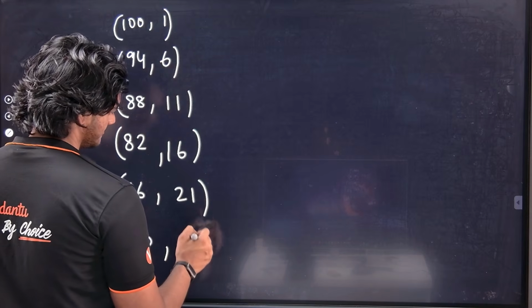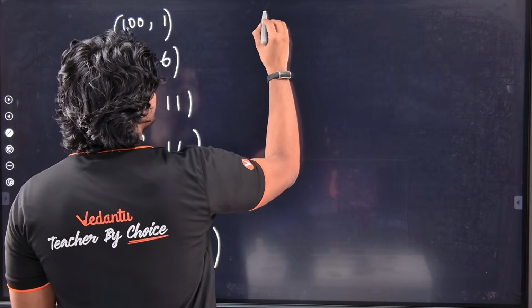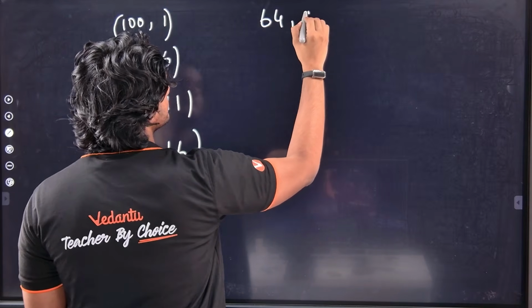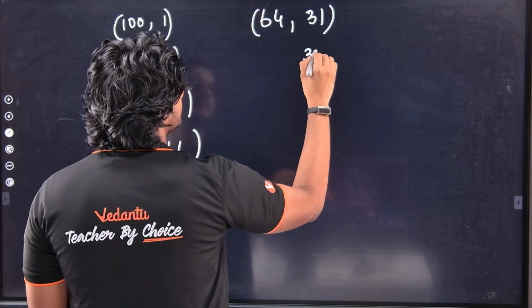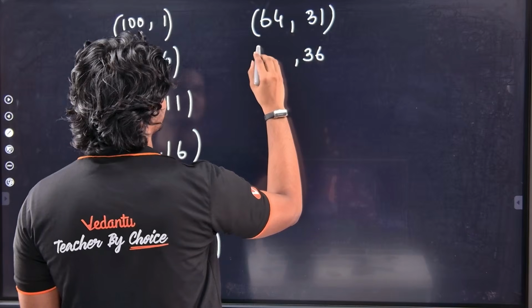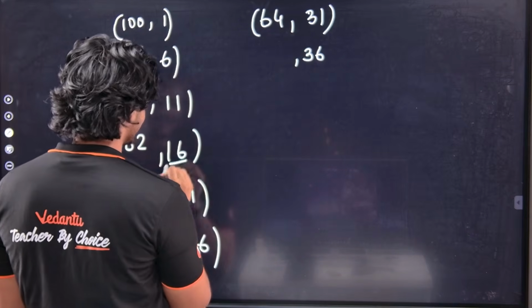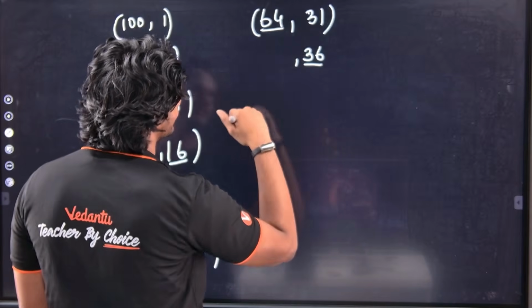So 20, 6 here, 64 and 31. Add 36, 6 squared, but here we'll not get something. So we are missing out by one term here and there sometimes. You're getting 16 here, you're getting 36 here. You got 64 here, but it's not that.